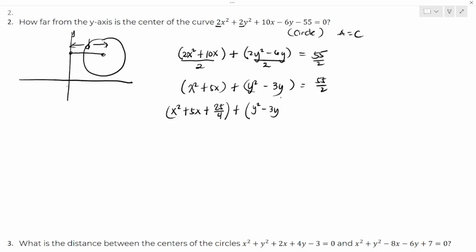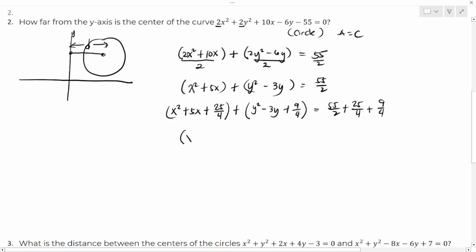Negative 3 over 2, that is squared pala nyan, that is positive 9 over 4. And then that is equivalent to 55 over 2. Then whatever constant value you added here, i-add nyo dito din: 25 over 4 plus 9 over 4. I hope that's clear to you, no?